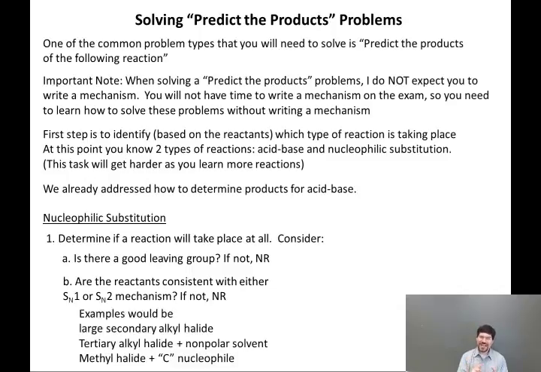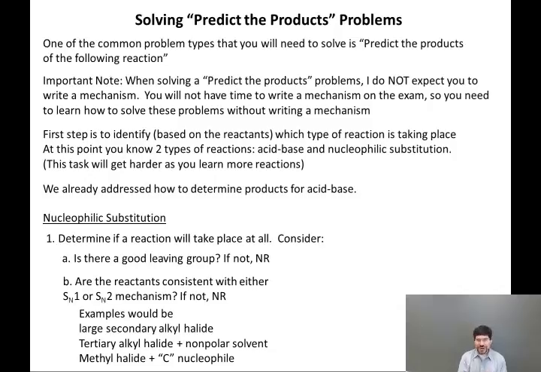If you have a large secondary alkyl halide, it's secondary, so it can't undergo an SN1 reaction, but it's too large to undergo an SN2 reaction. Therefore, this would be a case of no reaction.